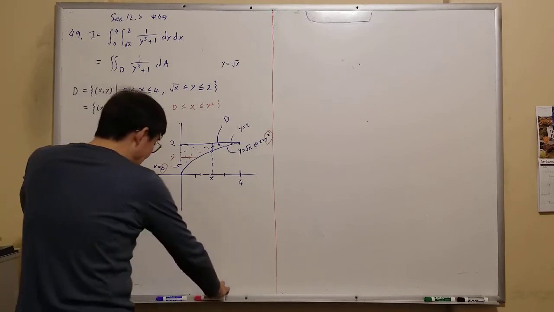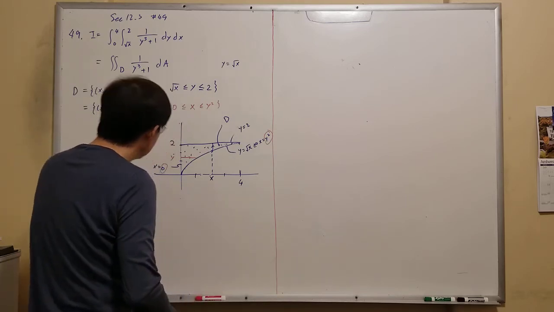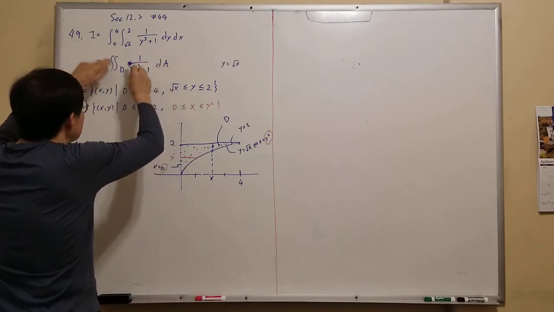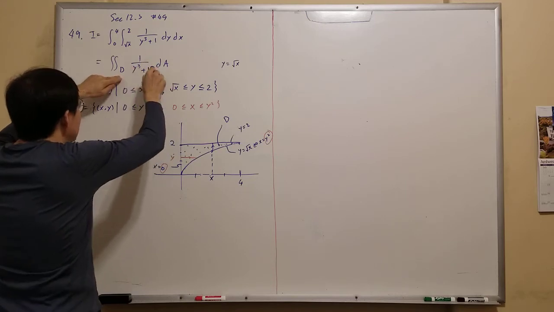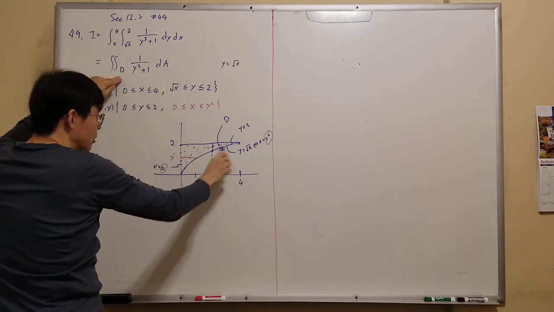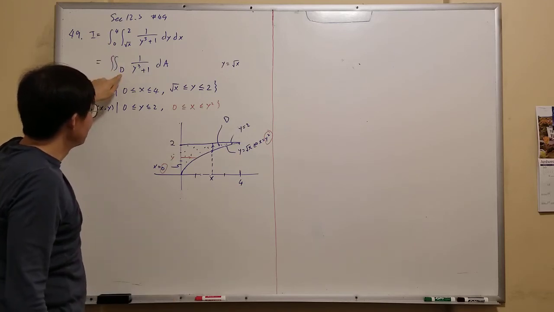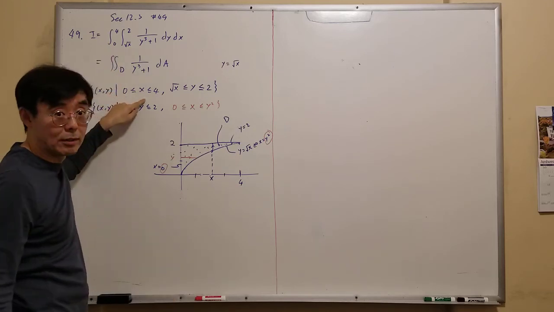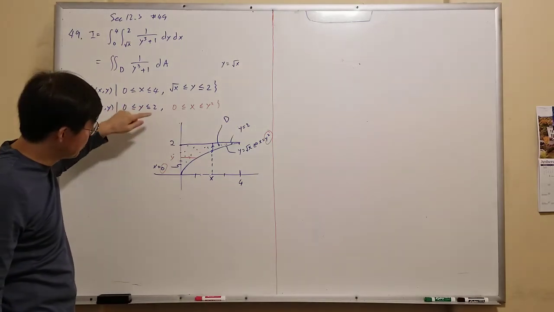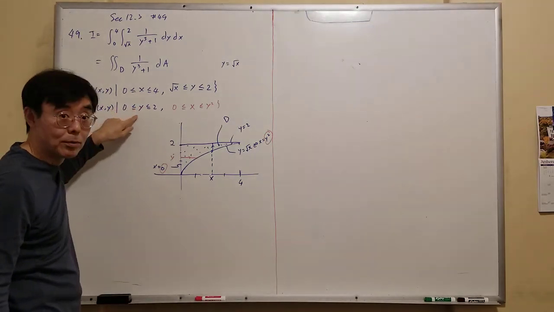So it turns out that the given iterated integral is a double integral of the same function on this region, alright? And this one gave the description of the region in type 1. Now we rewrote it as type 2.